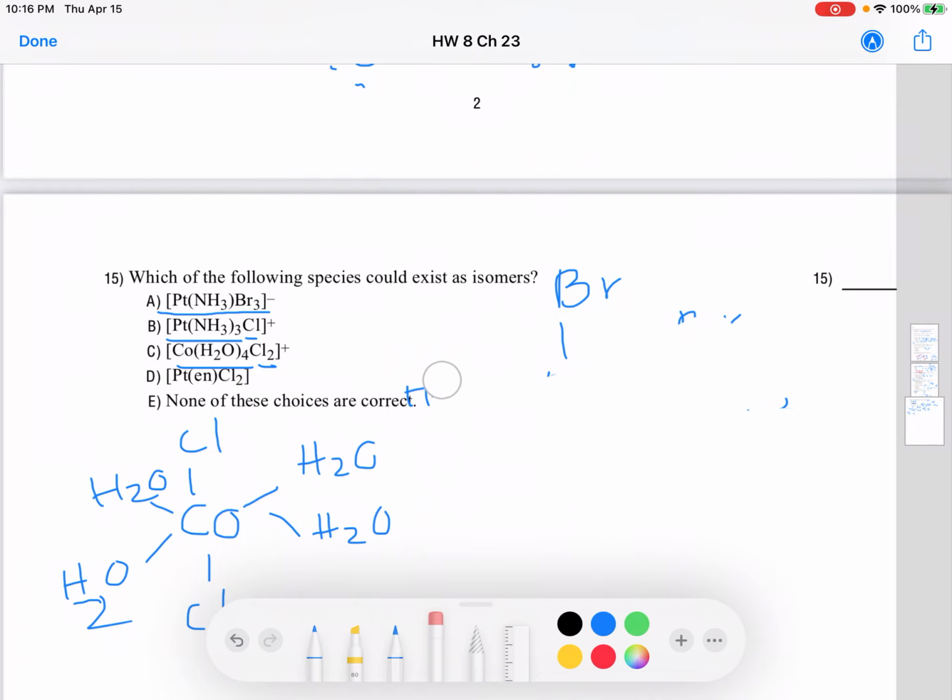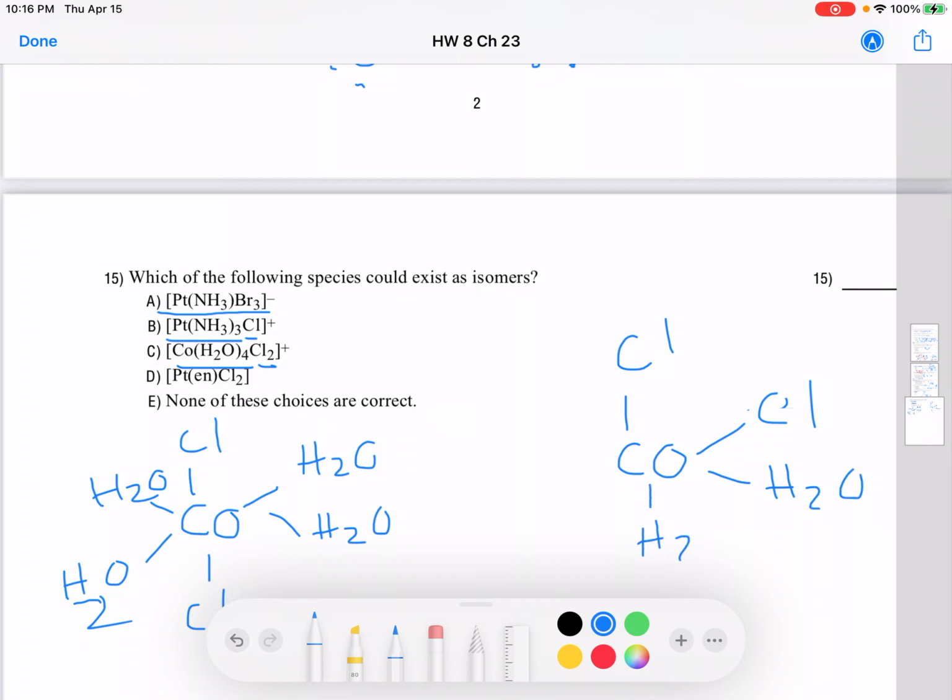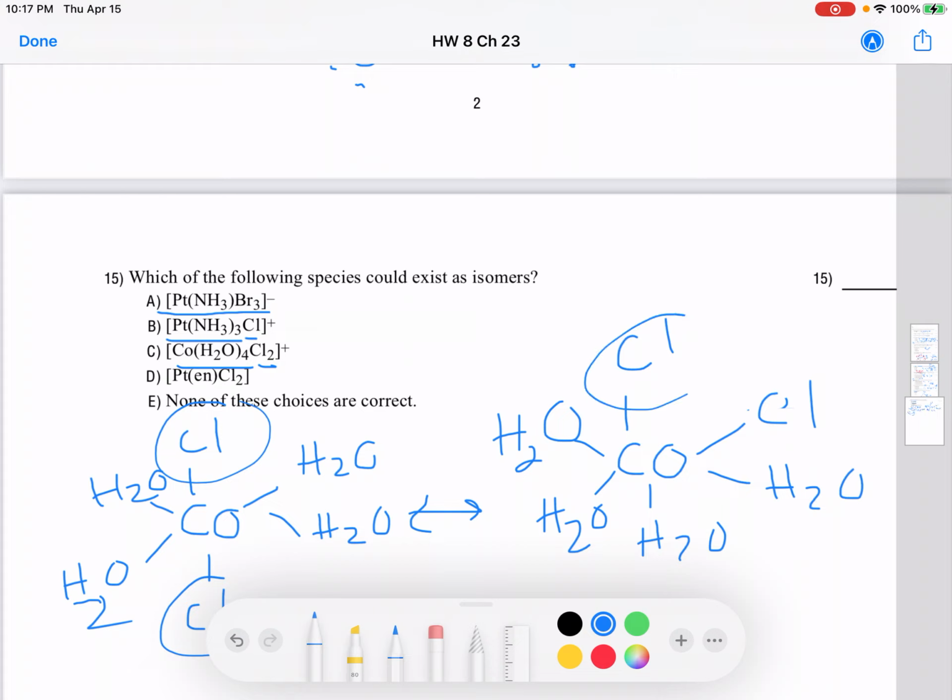You can draw another one like this: cobalt here, chlorine right there, and then another chlorine, water, and so on. Are these two the same? No, because in one the chlorines are opposite, whereas in the other the chlorides are close together. So they can participate in cis-trans isomerism. That can exist as isomers.